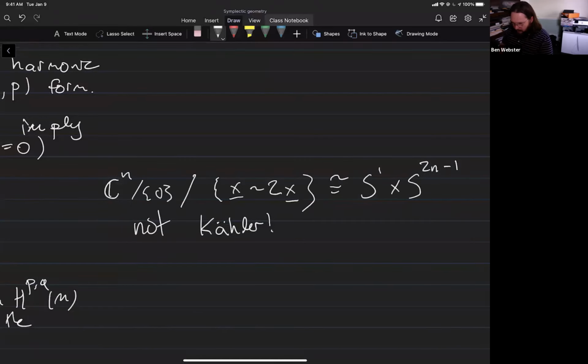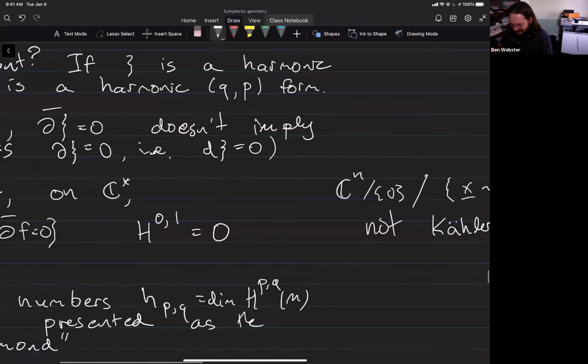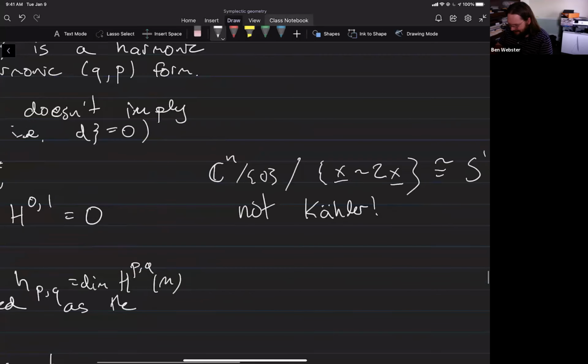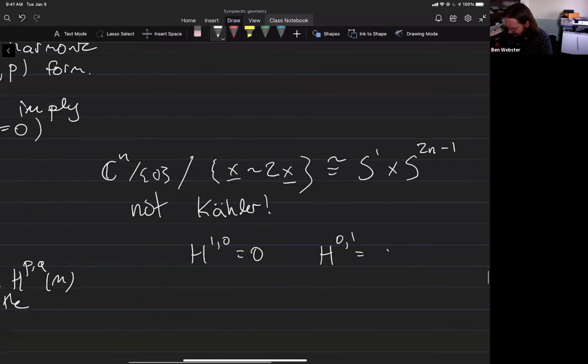And I would want to check again, but I think in this case H^(1,0) is 0 and H^(0,1) is one-dimensional, but I'm not absolutely sure about that. It could be the other way around. I don't have the source I pulled this from in front of me.